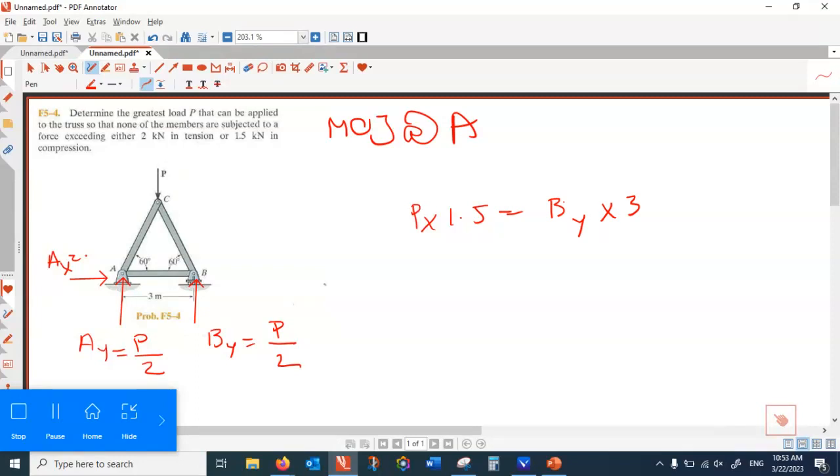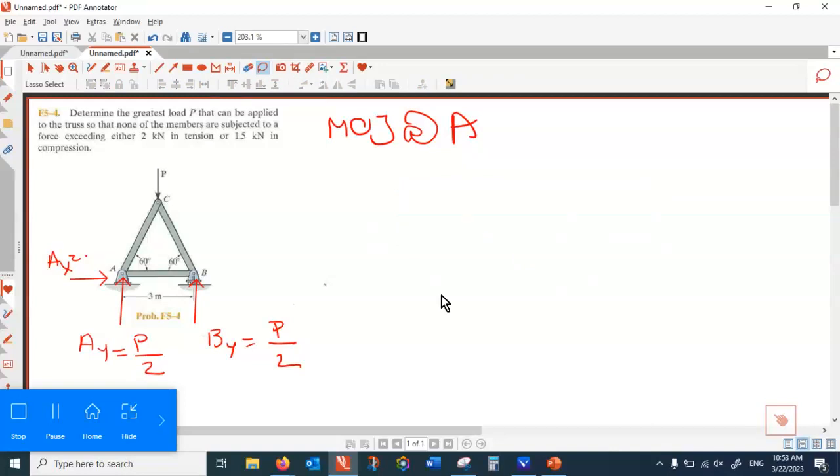If you divide both sides by 3, you get By equal to P by half. Also, you can do the same, taking rotation with respect to B, that gives you the same thing. But with experience, you know that in some problems you can skip that and find it just by rule of thumb.